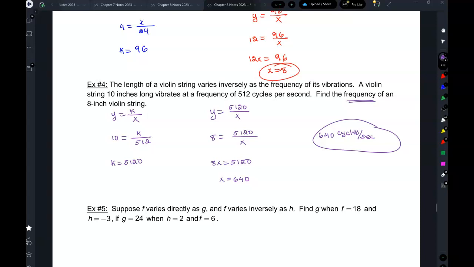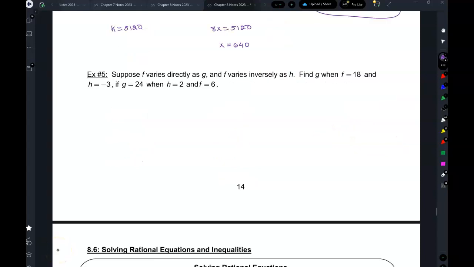Okay, go. Suppose f varies directly as g. This means f equals kg, correct? And f varies inversely as h.